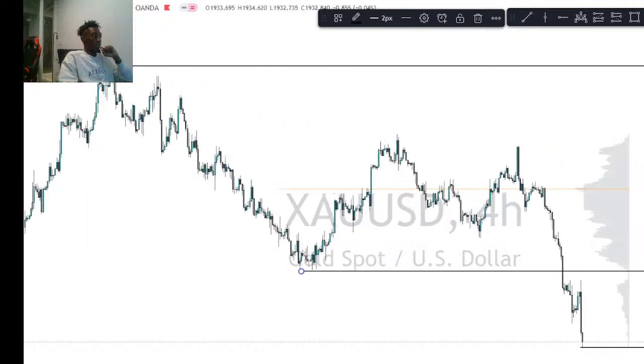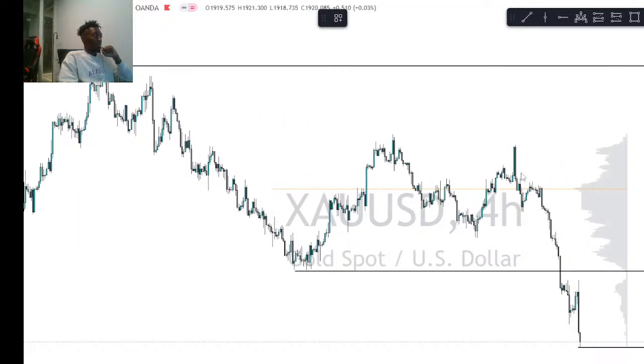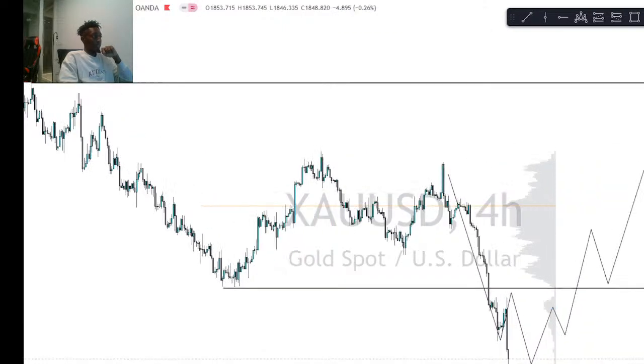Meaning the low was taken out, the market retested, and then it also grabbed sell side liquidity. Meaning at some point after it grabbed sell side liquidity, we are expecting a reaction for the market to push like this. This is what we are expecting in the market.